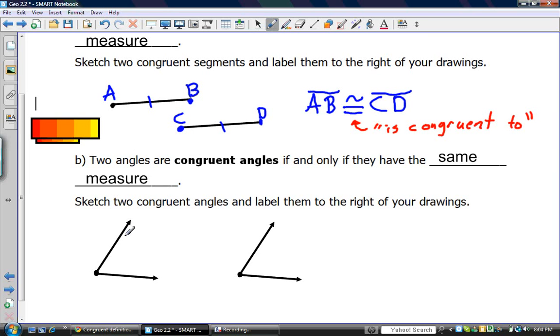Now, if I have F, G, H, I, J, we would write this as saying angle EFG is congruent to angle HIJ.